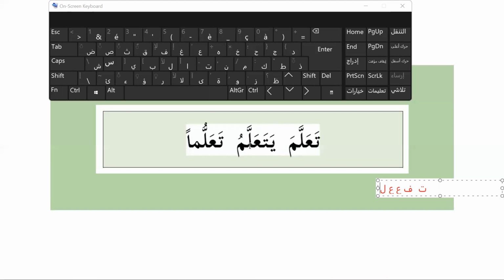So yata'allamu, and mim gets dhamma because it's fe'l mudare marfu, the regular form. So yata'allamu, ta'allama, yata'allamu, ta'alluman. Ta'alluman is the masdar. Even if you are on mute, say it with me, please. It's going to help you a lot.